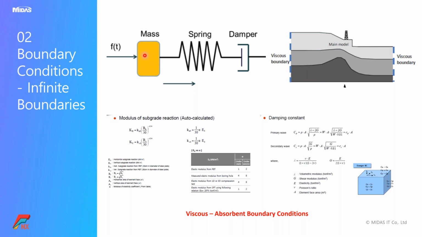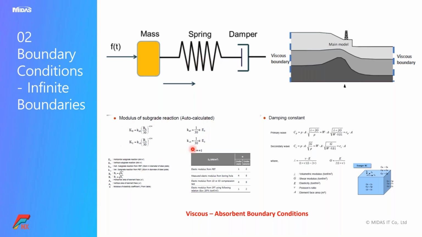So it will have some mass, and that mass will be given with the support of a spring and then the damper. So in this model, we are creating absorbent boundary, right? For the absorbent boundary condition, we are applying it only for the backfill. So the backfill will have a mass, and that will be the spring and the damper. So this is the application of the absorbent boundary.